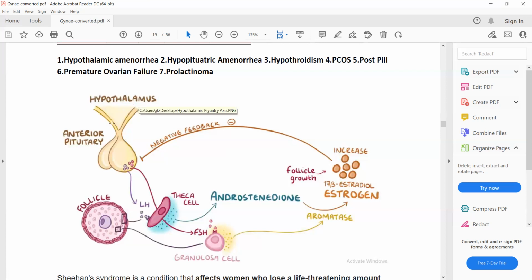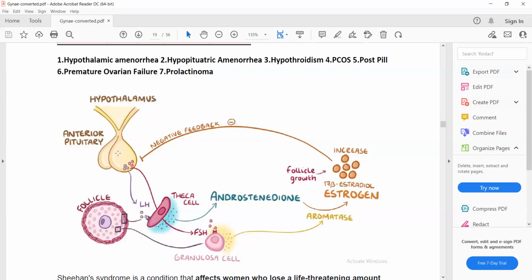So hypothalamus, pituitary, and ovarian axis. So what is this axis? We all know that we discussed in endocrinology that hypothalamus releases a hormone, that is GnRH, gonadotropin releasing hormone. Gonadotropin releasing hormone is released by the hypothalamus.